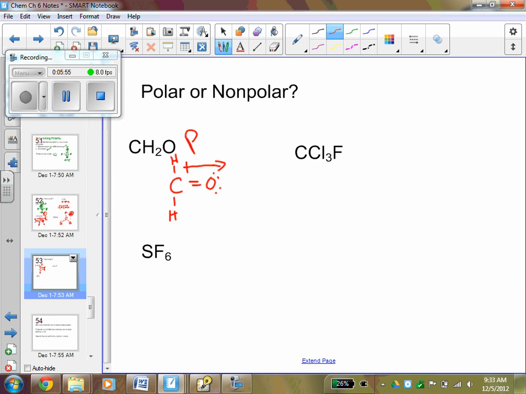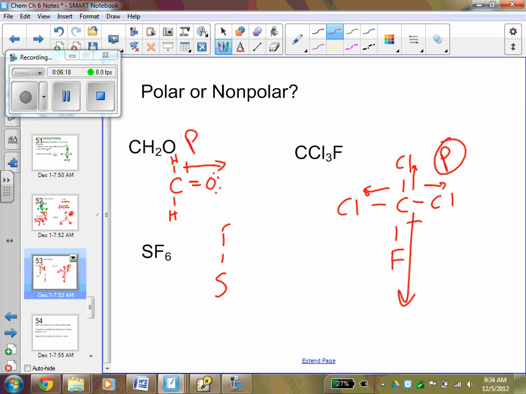CClF, here's an example that I already did before. I have, or something close to it, this particular example right here. So these two things cancel out in these directions. This here is very electronegative and towards the down position, at least in this crudely drawn Lewis structure, and therefore I have a polar molecule.